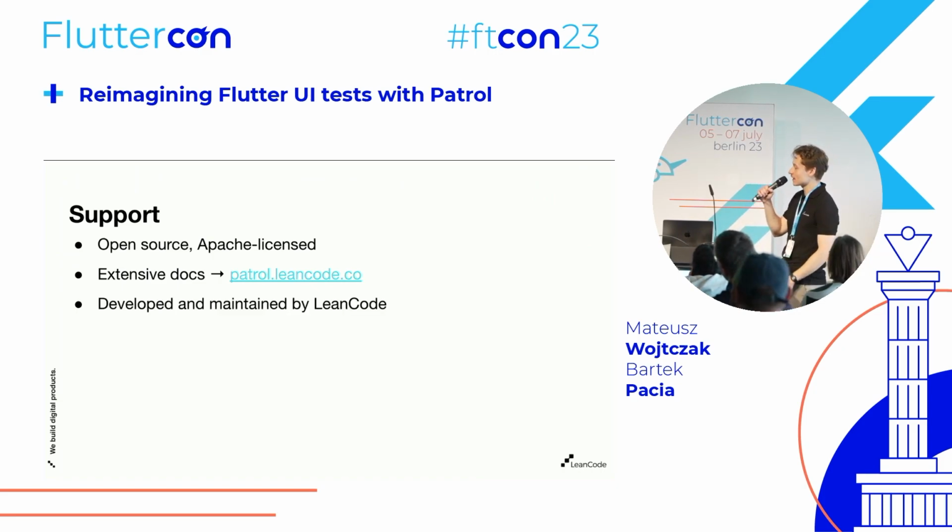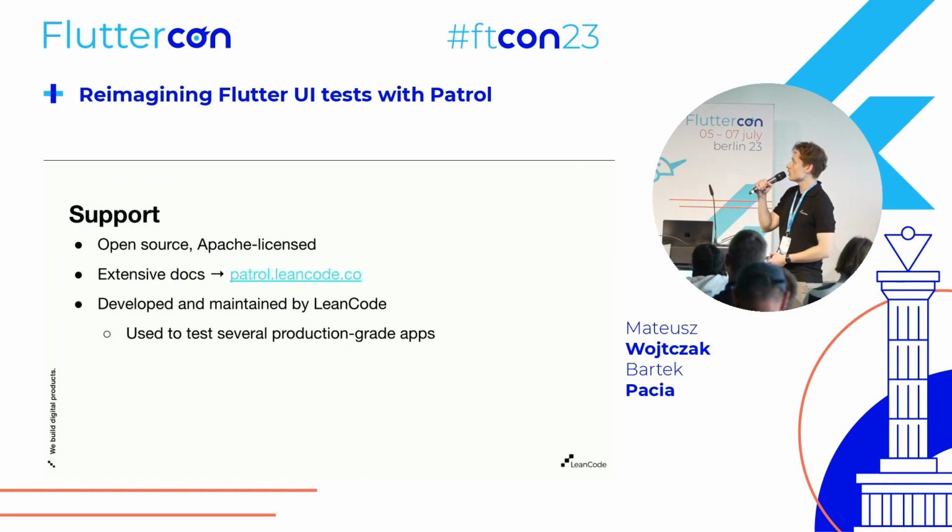And the main point on support is that we developed Patrol for our own purposes, because our QA engineering team had those issues and blockers about native automation. So we use it on a day-to-day basis in our production-grade apps, and we deliver tests for our clients with this framework.